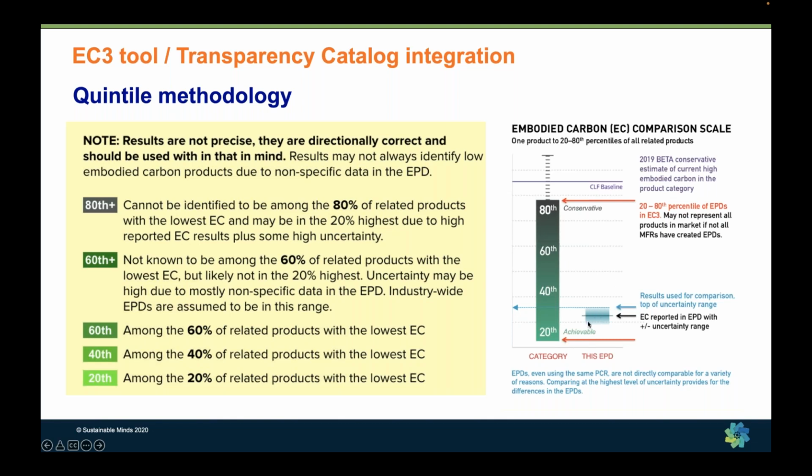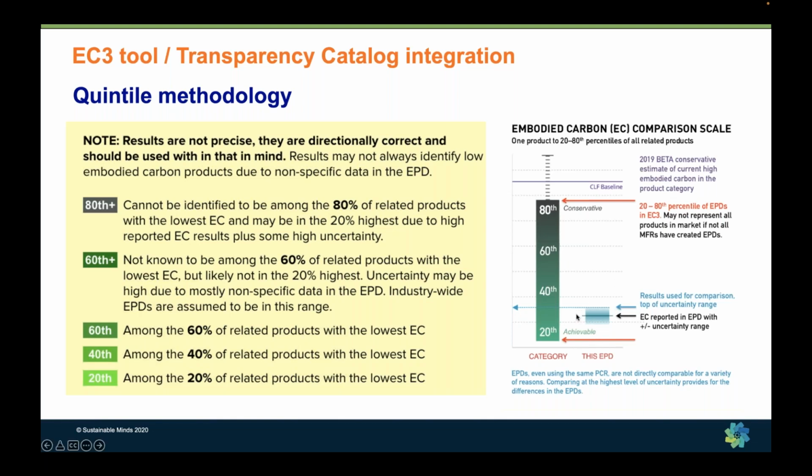And then to drive more specificity of reporting in the market, this methodology was designed to make manufacturers make more specific EPDs so that you in the industry can calculate the actual embodied carbon impacts of the products you're selecting.